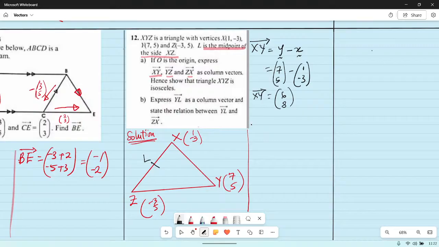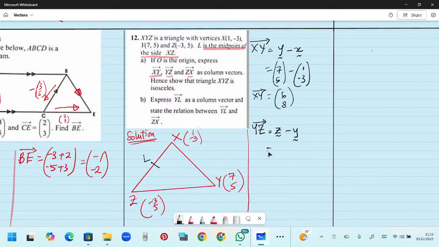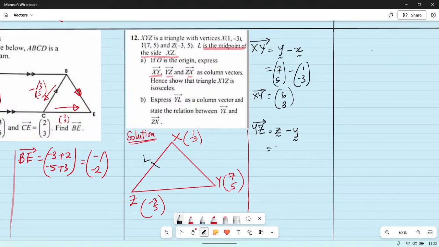Now the next one is YZ. What is it going to be? No, you have to write Z minus Y. Negative 3 minus 7. Are you getting it? The last one, you do it and let me write it.